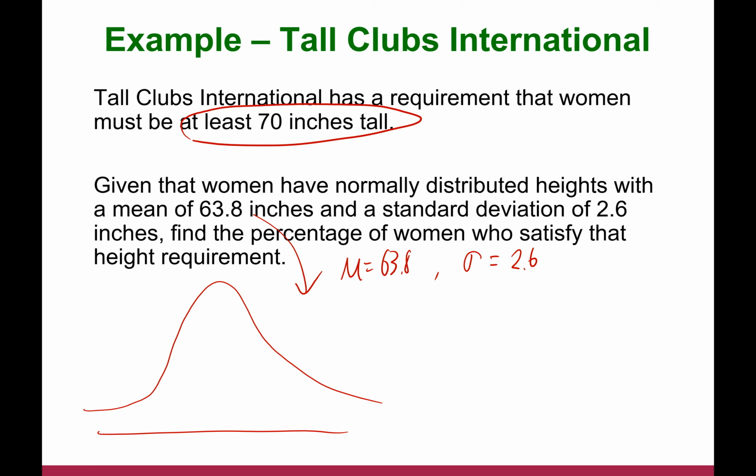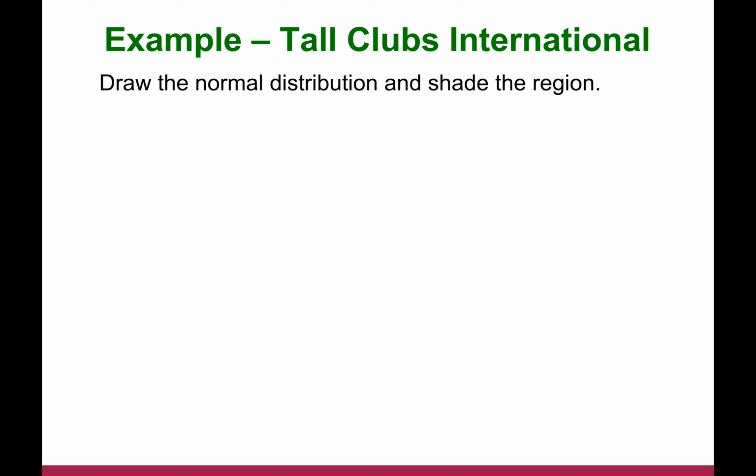The mean mu equal to 63.8 goes in the middle, and the x value must be greater than or equal to 70 inches. It's on the right hand side of the mean, and we are looking for the area to the right, because at least indicates the area to the right.